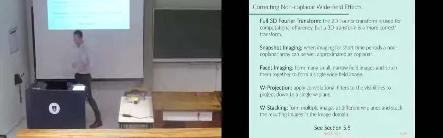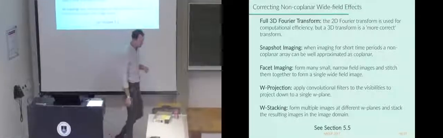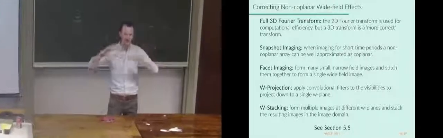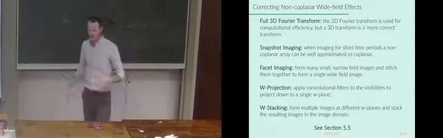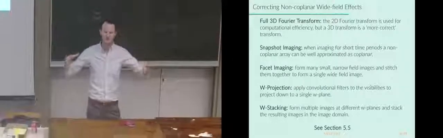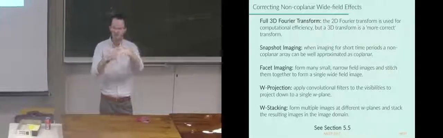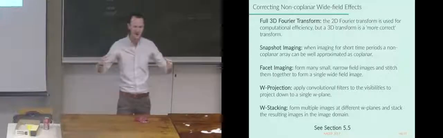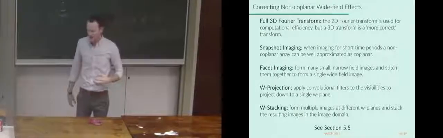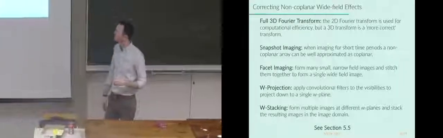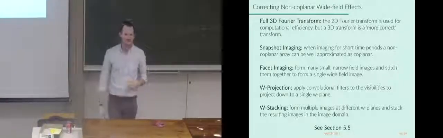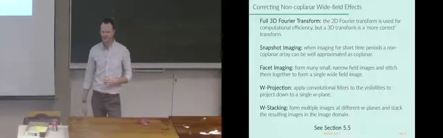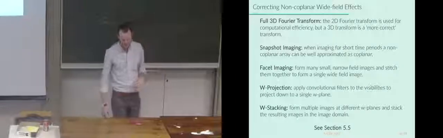Now these last 3 are kind of always competing, and they come and go in fashion. The first is facet imaging. Given some large field of view, instead of imaging that whole field of view, you can image just little sections of it and make a bunch of little images, little facets of the field of view, and then you can stitch them together later. I think the imagers everyone likes right now use facet imaging, but for a number of years they weren't the biggest, coolest thing.